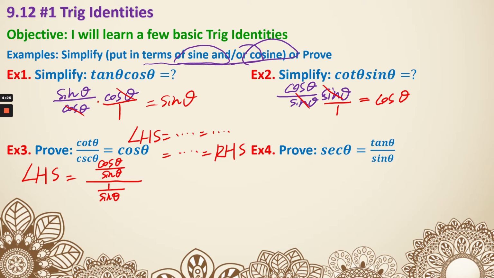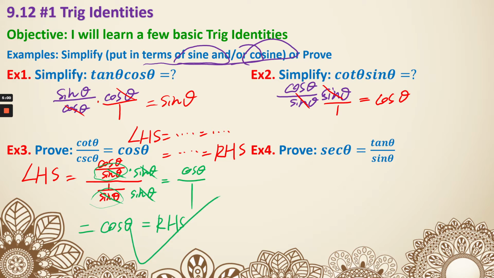If you look at the fraction on the top and the bottom, you would notice they share the same denominator. That means I can get rid of it. And to get rid of a denominator, I'm going to multiply by an extra sine theta on the top and on the bottom. They cancel. So I have cosine theta over 1, which basically is cosine theta, which is the right-hand side. I got it right. That's number 3.